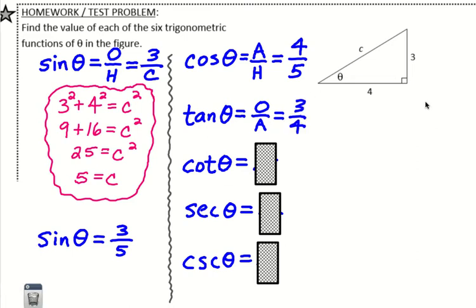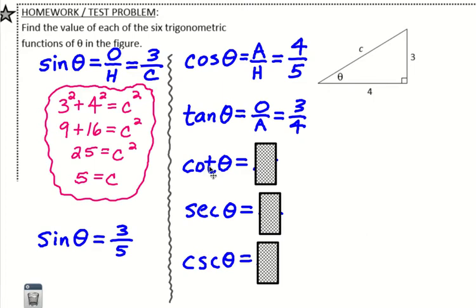Excuse me. So here's a little callback to 1.2. Just like we did in 1.2, if you know the final answers for sine, cosine, and tangent, and you need the other three, we flip, flip, flip. So again, thinking back, hopefully you are learning this by heart now, even already.